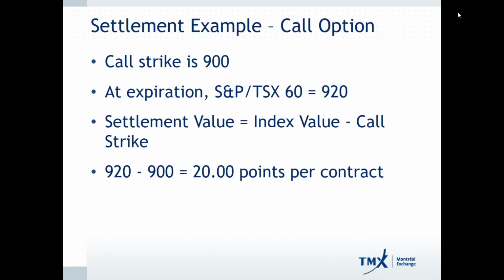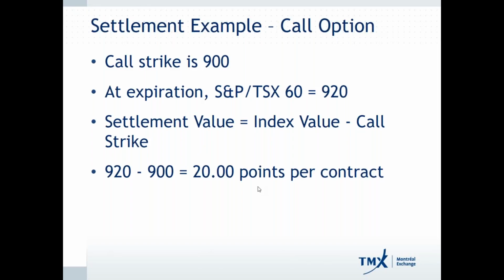So if we take a look at a settlement example here, let's say we've got a call strike price at 900 and at expiration, the S&P TSX 60 is at 920. Well, the way that we calculate the settlement value is we take the index value and we subtract the call strike. So if the index is settled at 920 on that Friday morning on open, and you have a 900 strike call option, then your option contract will be worth 20 points.